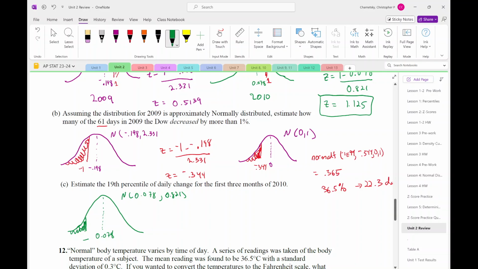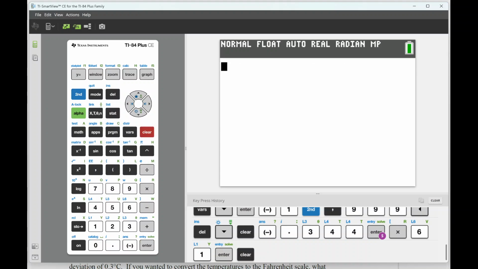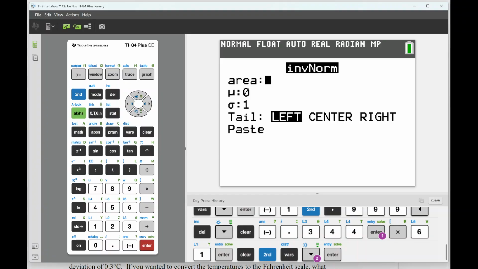So I need a z-score that will match that. And if I use my calculator, since I'm looking for a z-score that goes with a percentile, rather than plugging in a z-score, we're going to go to second distribution, and we're going to do inverse norm. Since I have a percentile, my area is going to be 0.19. Okay. If you don't have the tail in your calculator, it defaults to left, which is fine.